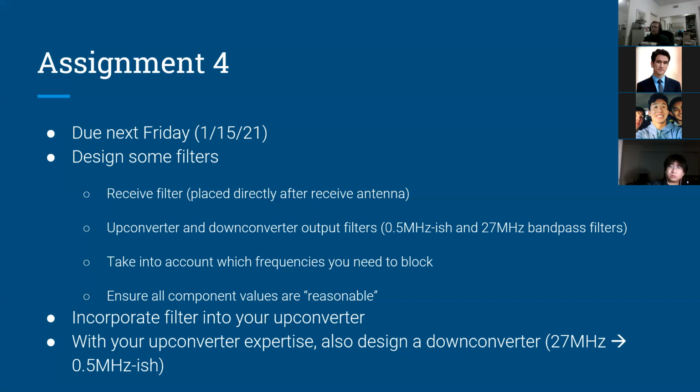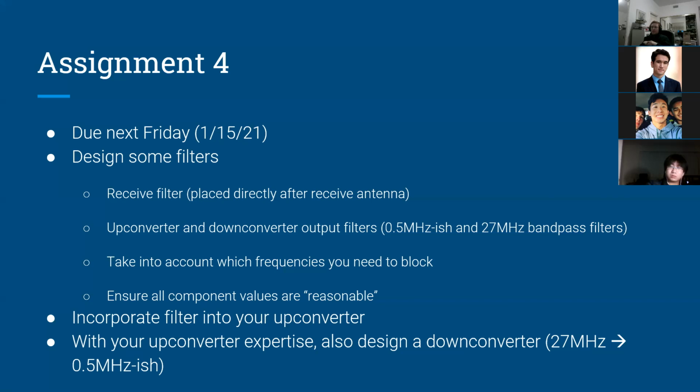You have to take into account which frequencies you need to block. With the up converter, the most important thing is getting rid of the LO leakage. Because you have the 27 megahertz right next to the 28 megahertz, you have to make that bandpass filter rather narrow. And that's not easy.